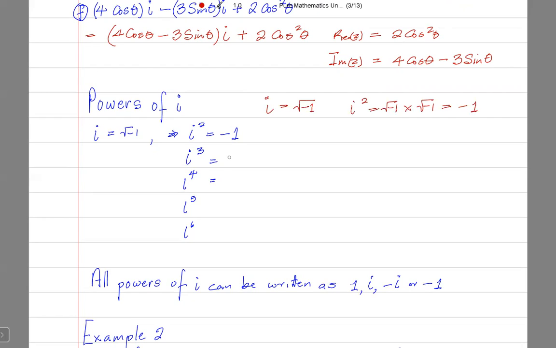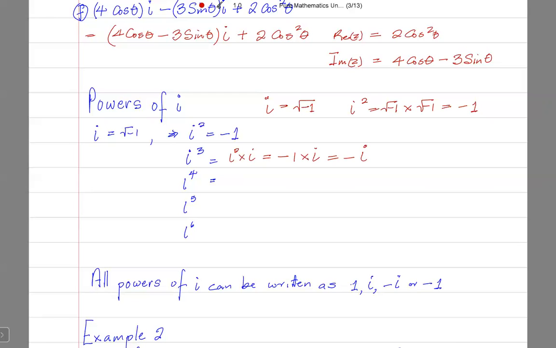i cubed would be i squared multiplied by i, but i squared is -1. So this is -1 times i, which essentially is just minus i.